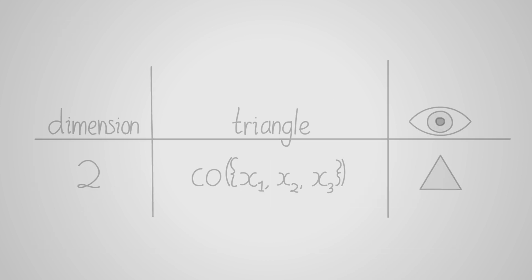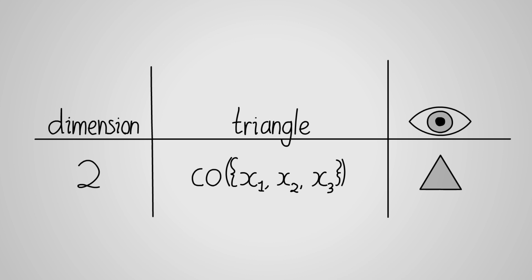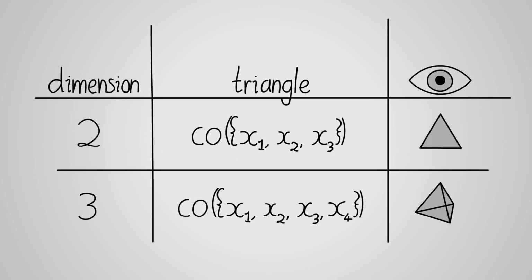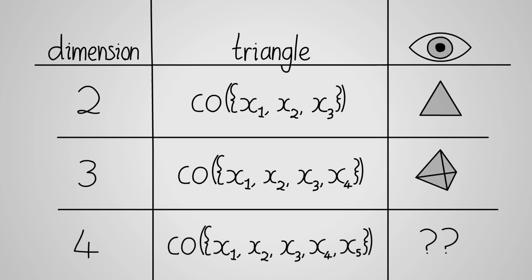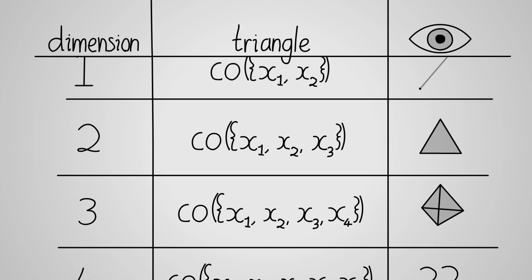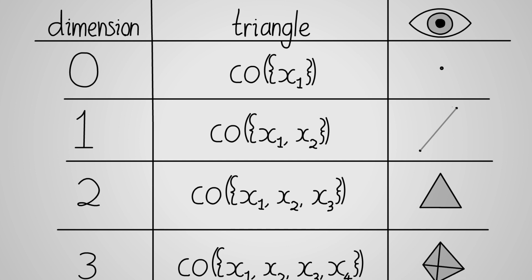If n is any natural number, then so long as we have at least n dimensions, if we take the convex hull of n plus 1 points, which don't all lie in an n minus 1 dimensional hyperplane, we'll call this condition independence for short, we get something we can think of as being an n-dimensional version of a triangle. For this reason, the point and the line segment are sometimes thought of as being 0 and 1-dimensional triangles.